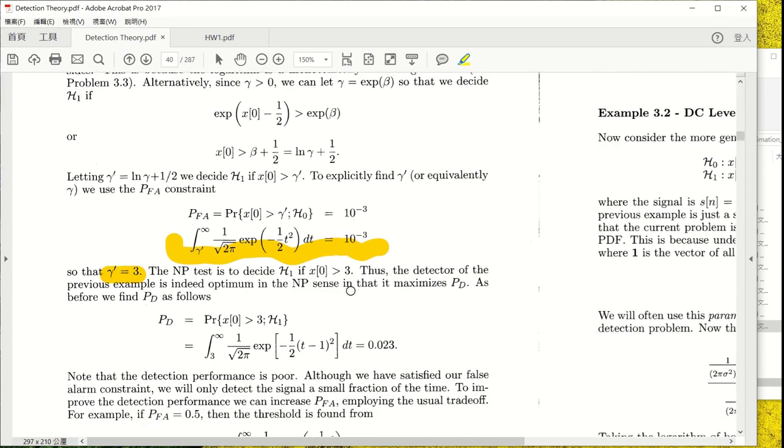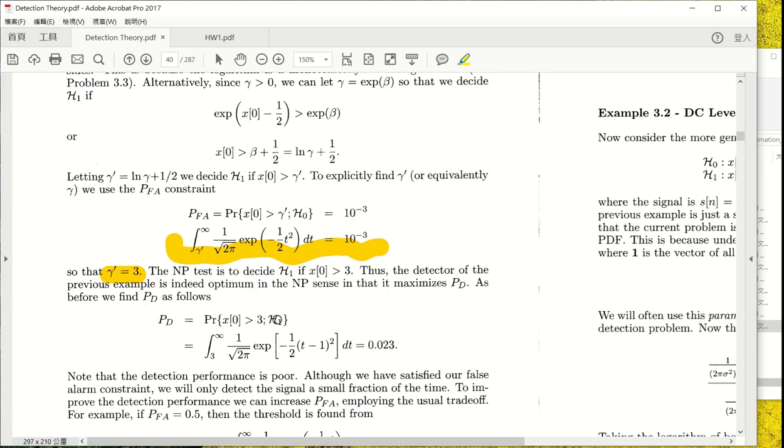Then you can calculate your PD. The PD is like this. Conditioned on H1, the sample is larger than 3, right? How come? Because when this happens, you are going to make a decision for H1.